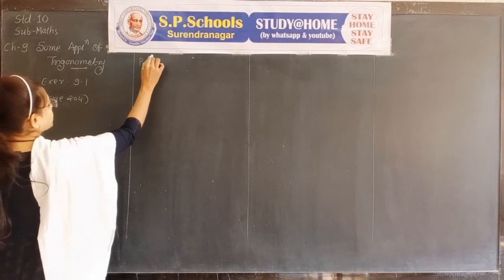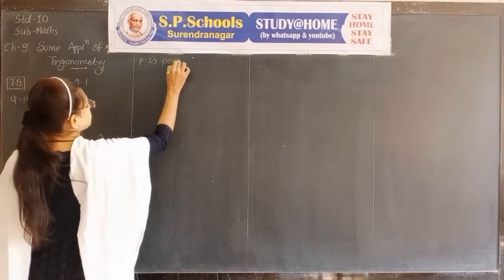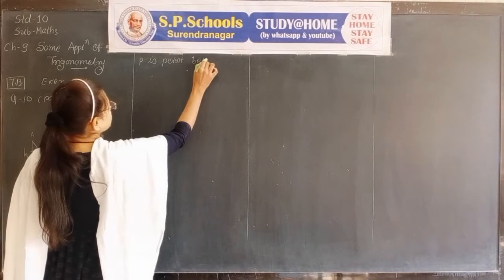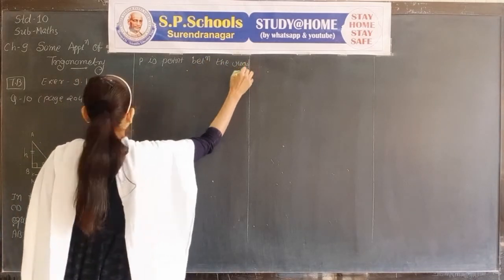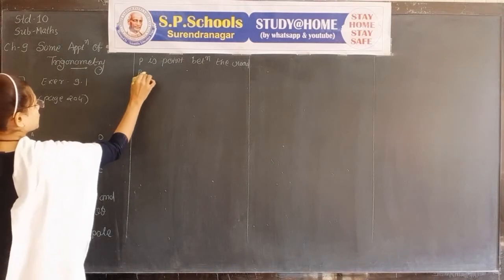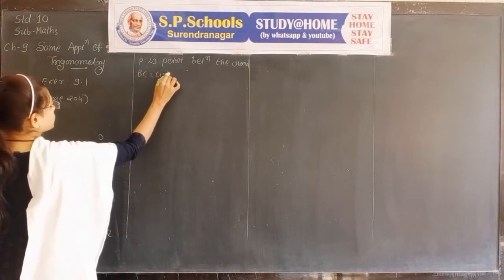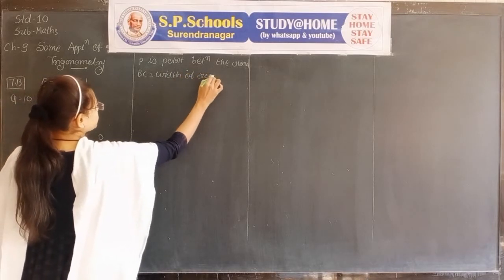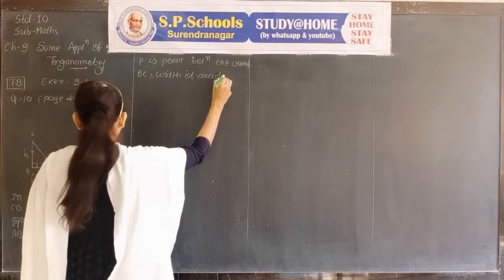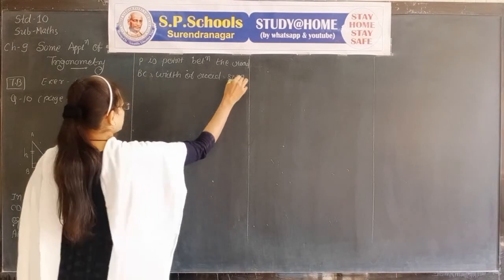P is the point between the road. BC is equal to the width of road, given that 80 meter.